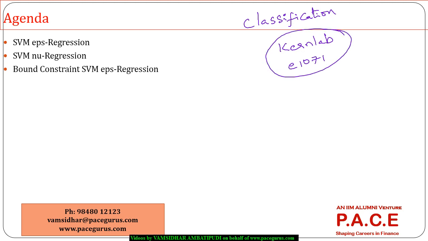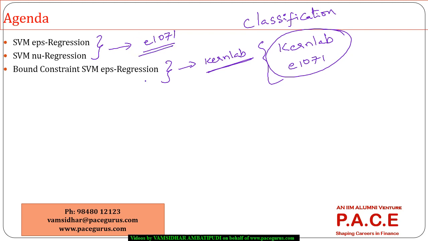Just like the classification models from these packages, we can also look at the regression models from these packages itself, because your EPS regression and nu regression, both of them are coming from the E1071 package, whereas bound constraint EPS regression, where EPS is epsilon, is actually coming from your kernlab package.